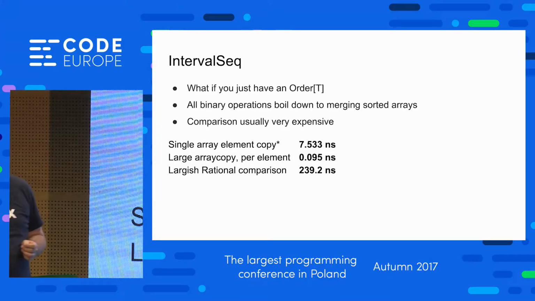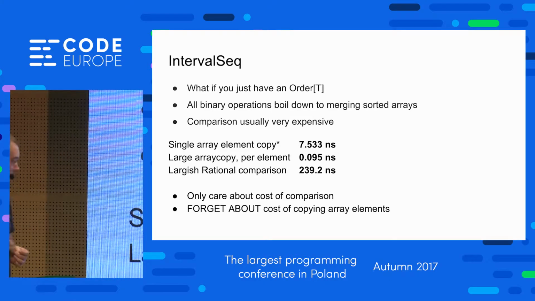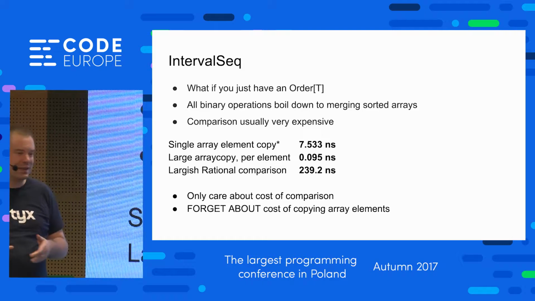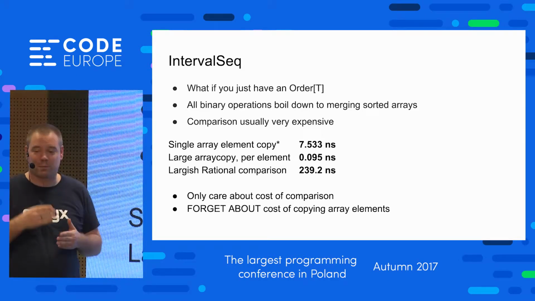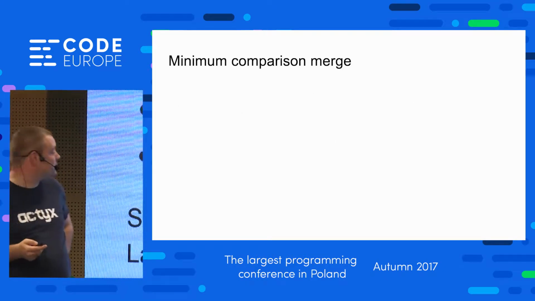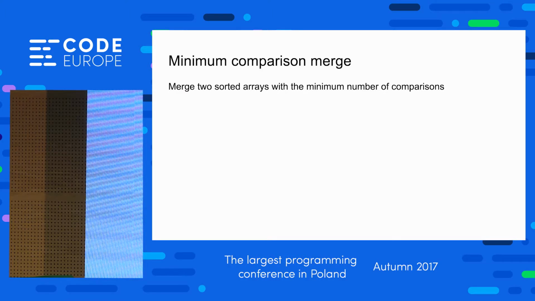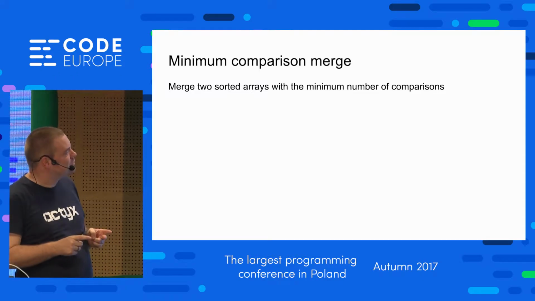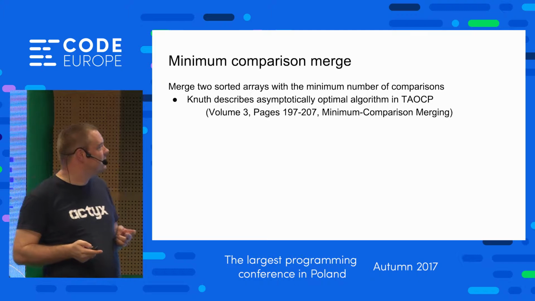That is basically an eternity in comparison. So the conclusion is: forget about the cost of copying array elements. Just ignore it, and only care about the number of comparisons you have to do. If you do a little bit of literary research, you find that what you need to do is merge two sorted arrays with a minimum number of comparisons.